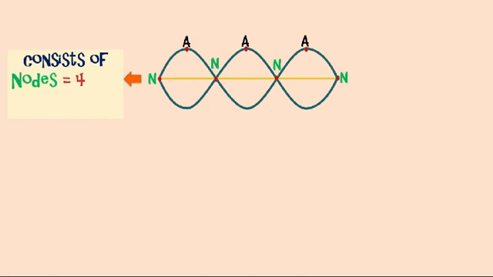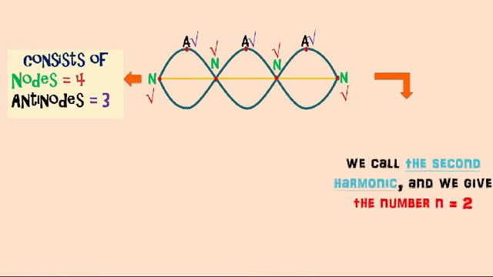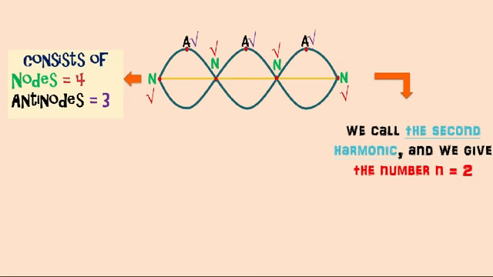So the picture consists of 4 nodes and 3 antinodes. Because it is one level higher, it is called the second harmonic, and we give it the number n equal to 2.